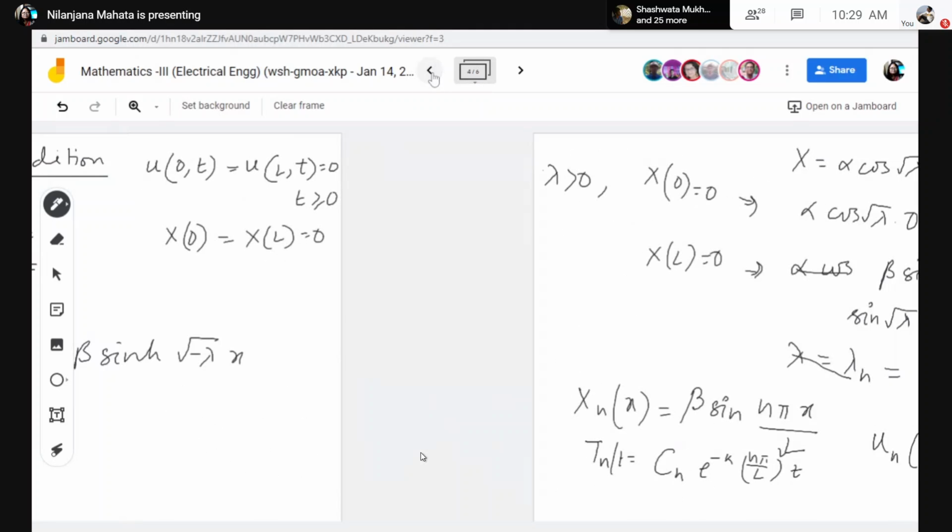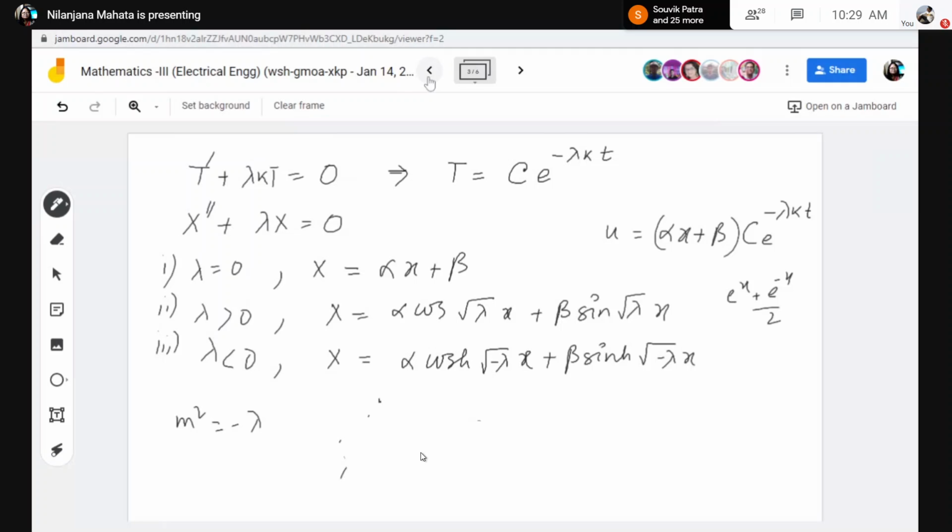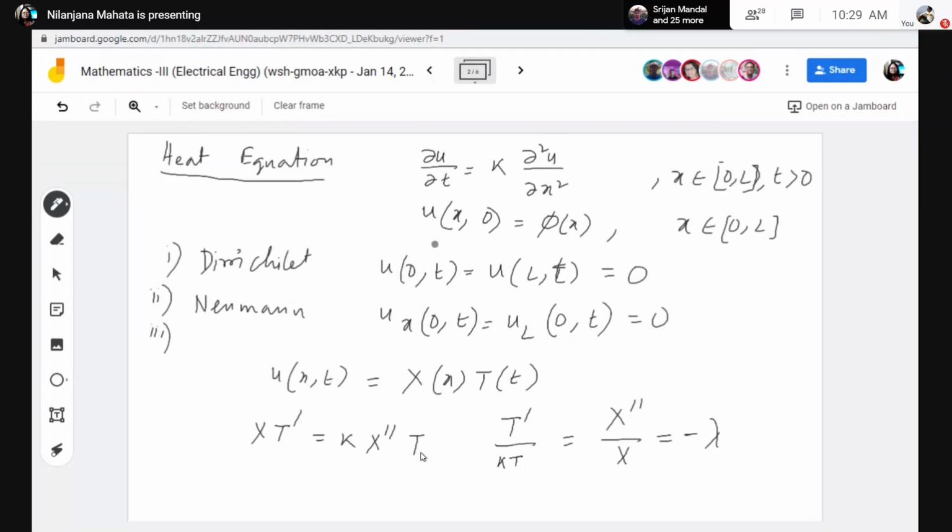We have used these Dirichlet boundary conditions for solving the heat equation, and there was another condition, u(x,0) equal to phi(x). That means at t equal to 0, some condition is given in terms of x.